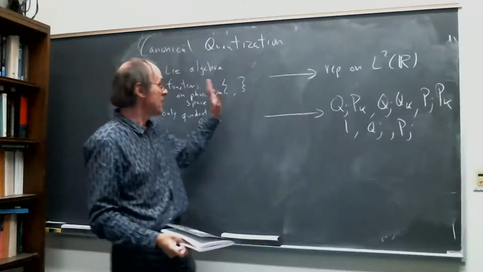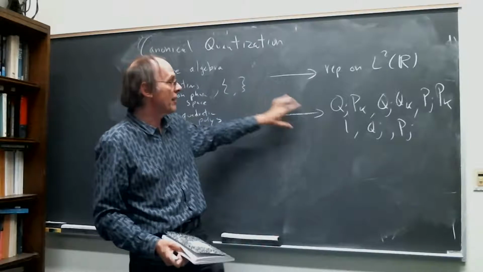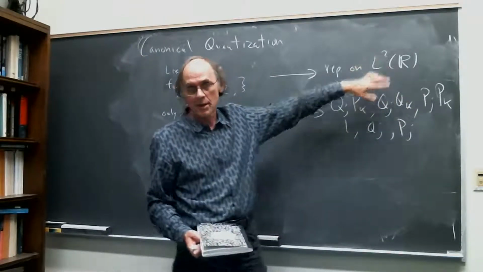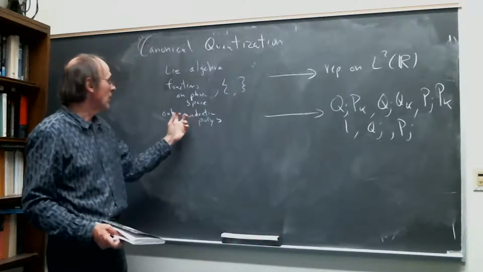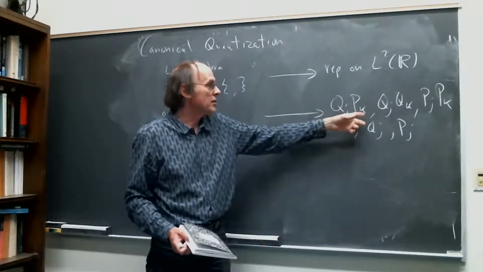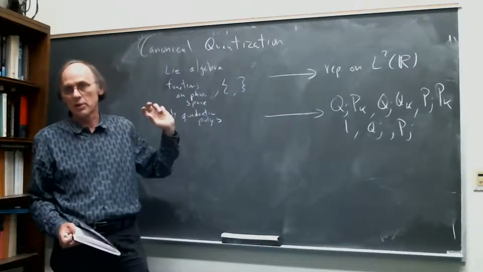So saying that you've got this unitary representation says that you've figured out a way to get all of these to act on this space with the same commutation relations as the Lie bracket relations for the corresponding polynomials.